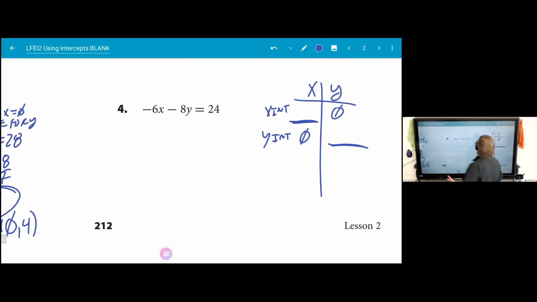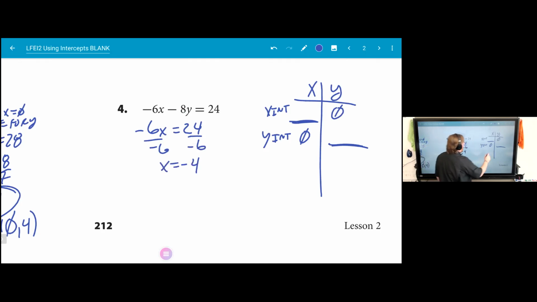If I try to find the x-intercept, I have negative 6x plus negative 8 times 0 equals 24. That second term is just gone. Divide both sides by negative 6, and x equals negative 4. For the y-intercept, set x equal to 0.